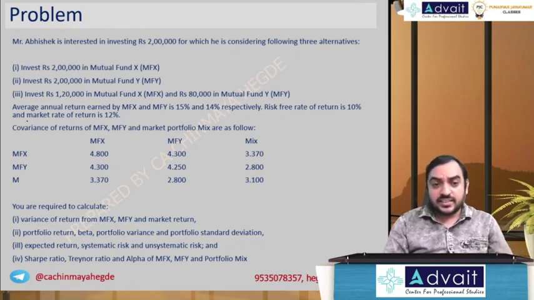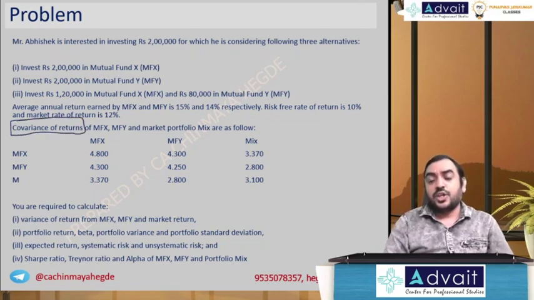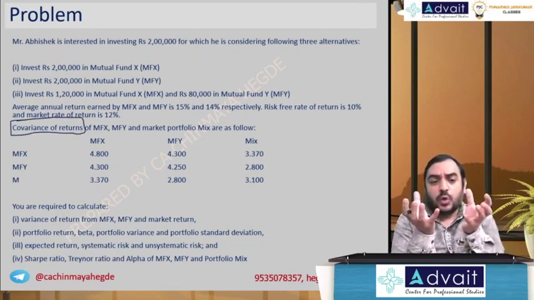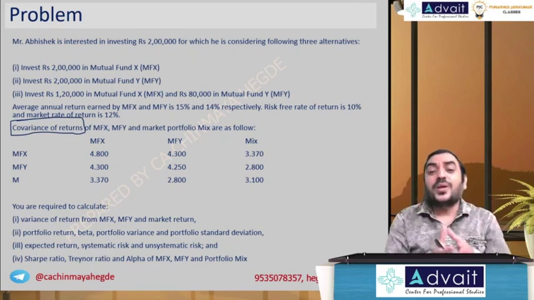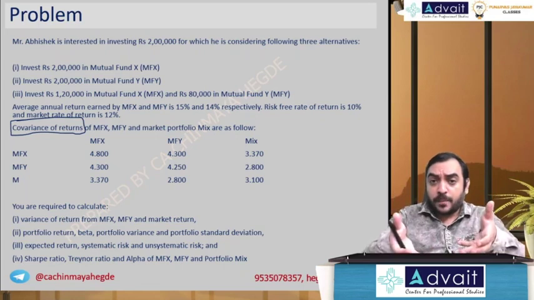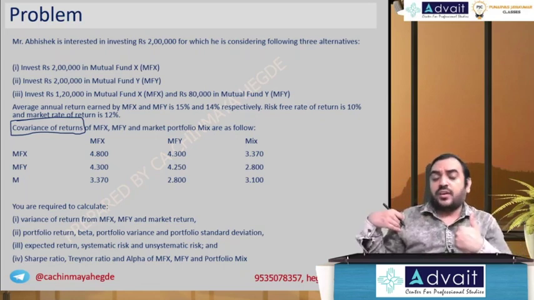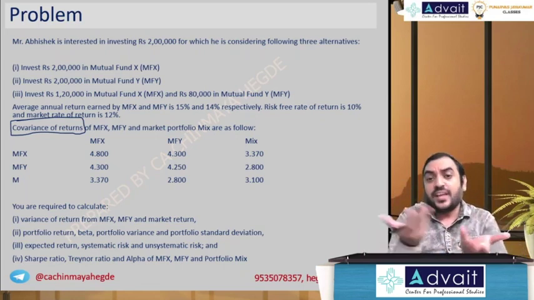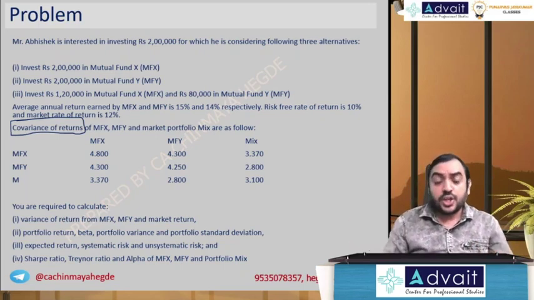Okay, let's understand. What is this covariance matrix? Covariance means, you know, it's always between two securities. What is variance? Sigma square. That is, you compare with yourself with respect to your average, how you behave. Variance, variation. Covariance means between two securities always, right?